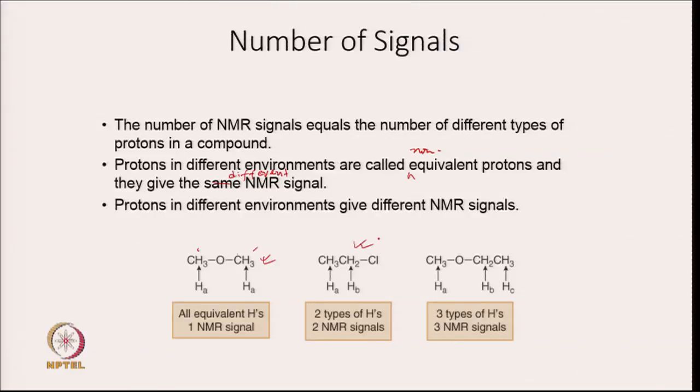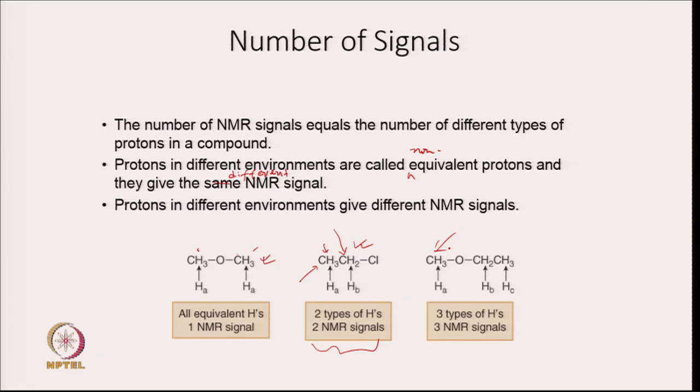Now take chloroethane, or ethyl chloride. These 3 protons have the same environment, whereas these 2 protons have the same environment but different from these 3 protons. So chloroethane has 2 different kinds of protons and you will get 2 NMR signals. If we take methyl ethyl ether, there are 3 different kinds of protons.